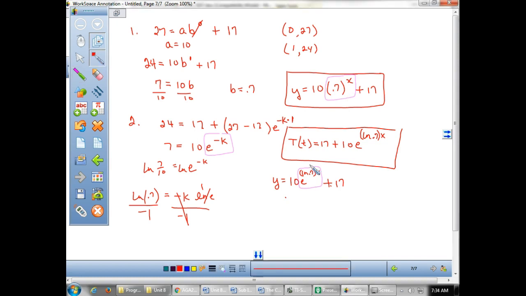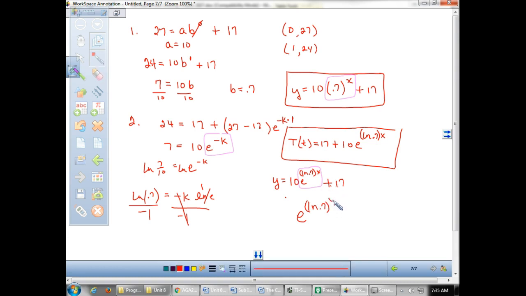Well, let's look at it. So I have E to the ln of 0.7 times x. I could rewrite this basically and say that all of this will simplify down because of the E to the log base E of 0.7. It simplifies down to 0.7, but I need to deal with the exponent here.